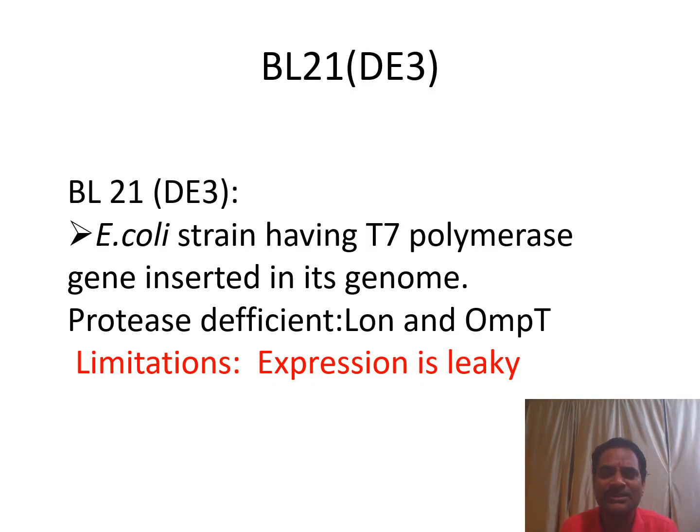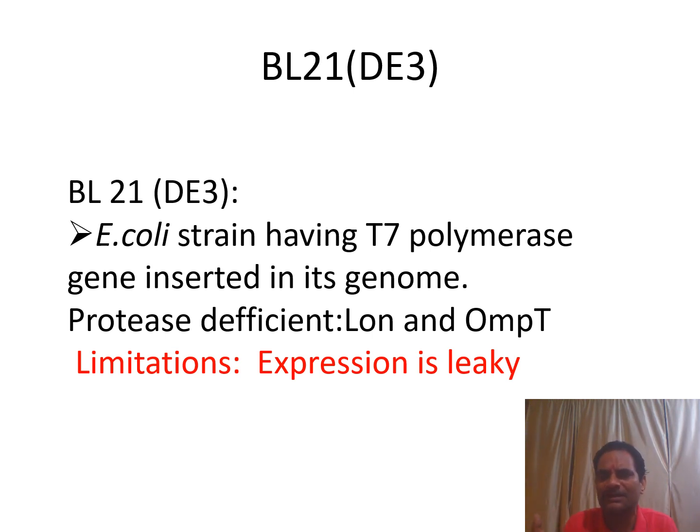Leaky expression is considered a limitation, because sometimes your protein may be toxic to the E. coli. Due to that toxicity, E. coli will not grow. Everything else is fine, but if E. coli does not grow due to toxicity, your media is not utilized optimally.